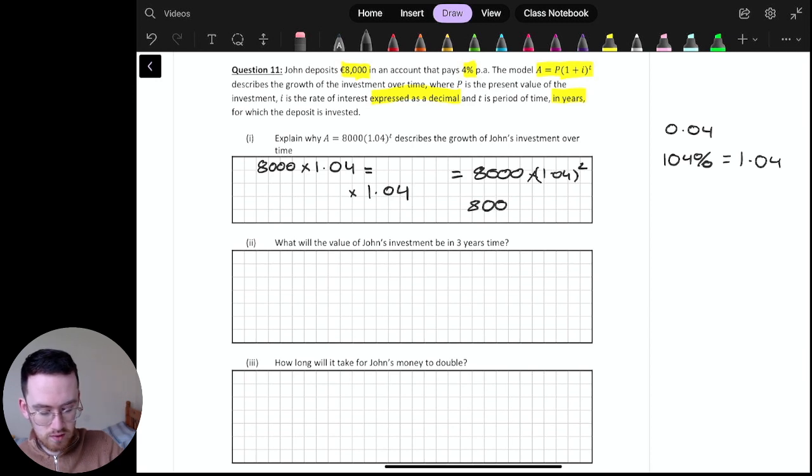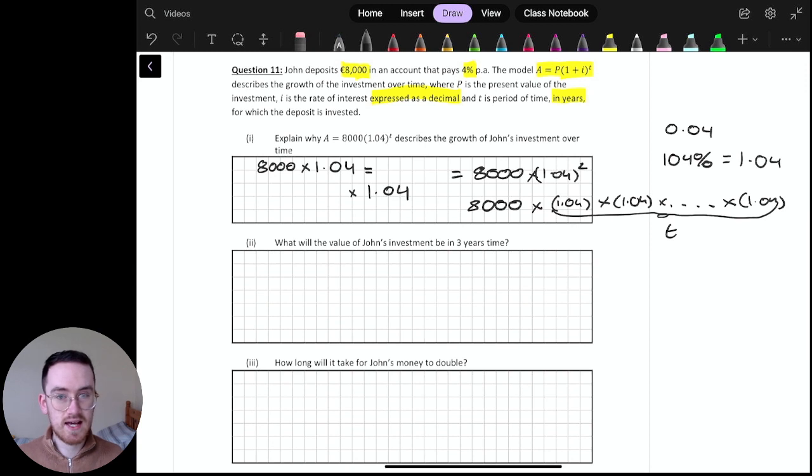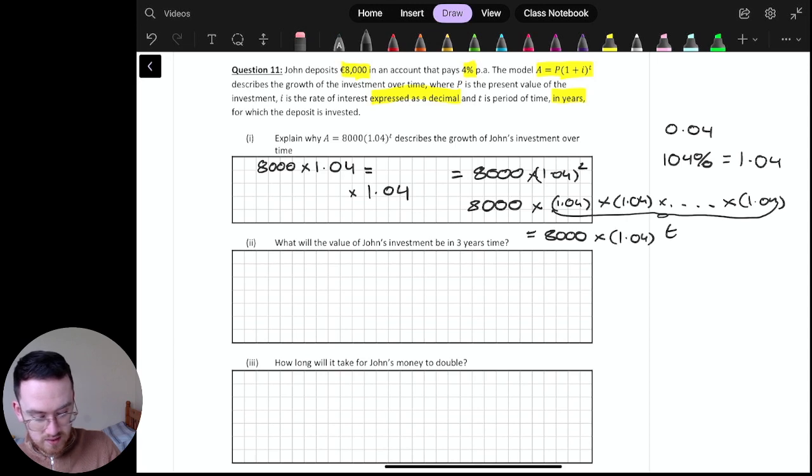And what we end up with is 8,000 multiplied by 1.04 by 1.04 by 1.04 for however long we're considering, with this being t, the time. And we know that if we multiply something by itself t times, that's the same as having just to the power of t. So that's where the formula comes from, and that's the idea they're trying to get at with that one. Anyway, we're going to focus on the further ones.